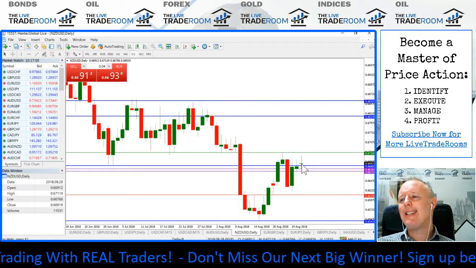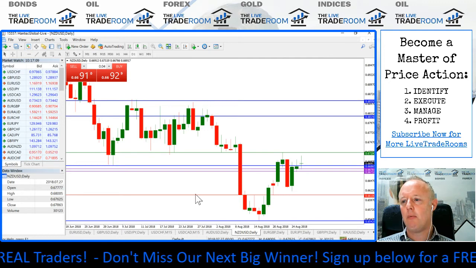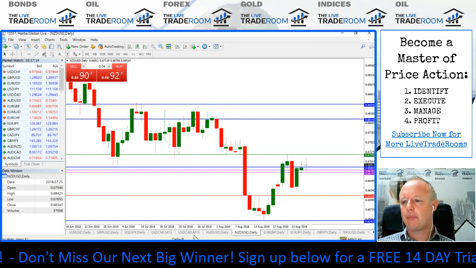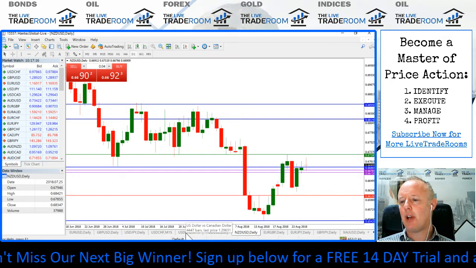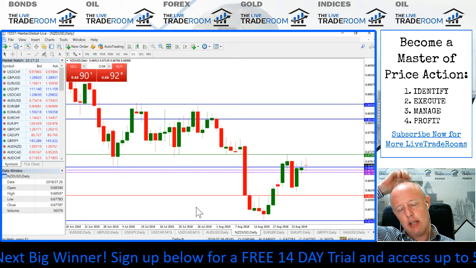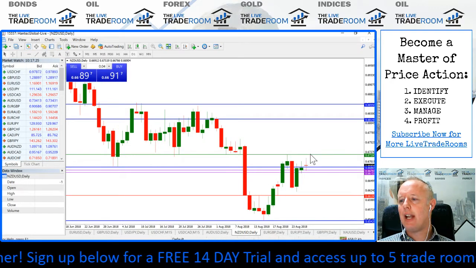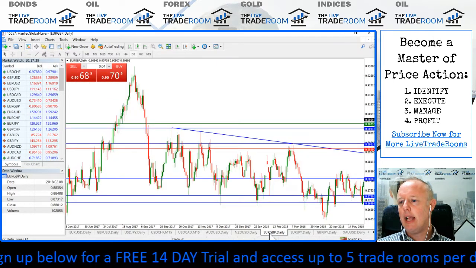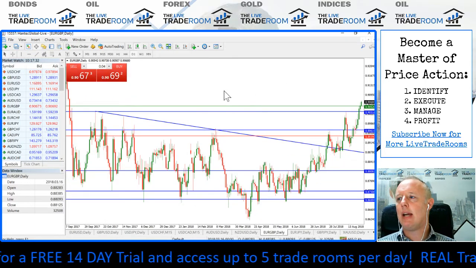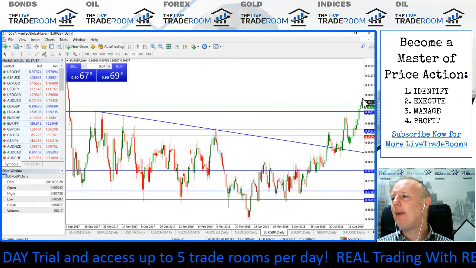So we need to see these structural failures across the board, and we've currently got that in the dollar Swiss, and potentially now in the dollar CAD. We're quite close to seeing that as well. And then we want to see the dollar yen start to move lower, and then we want to see all these structural failures start kicking in across the board. So it's almost the early stages of building a bit of a trade hypothesis.